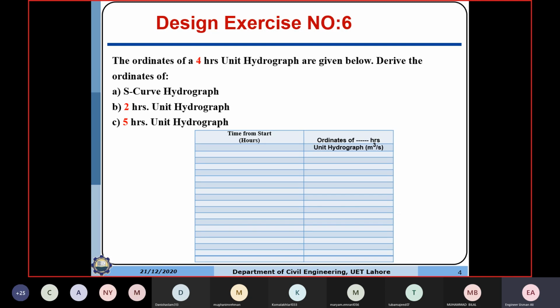So we have a unit hydrograph of 4-hour duration and the effective precipitation for which flood is to be calculated is of 5-hour duration. So it means that this existing 4-hour duration unit hydrograph cannot be used for 5-hour rainfall to calculate flood or runoff, etc. So in this situation we have two options.